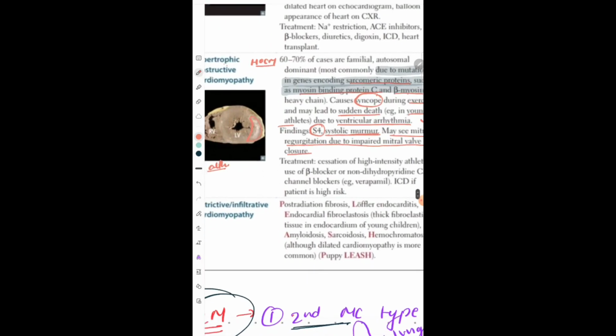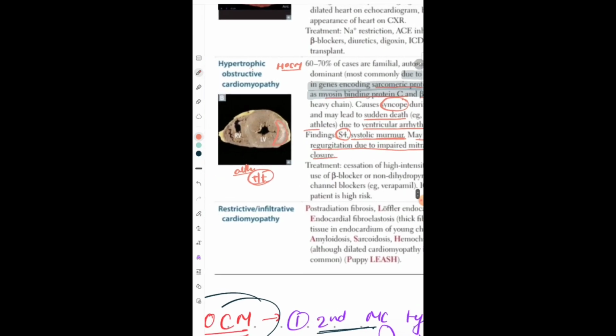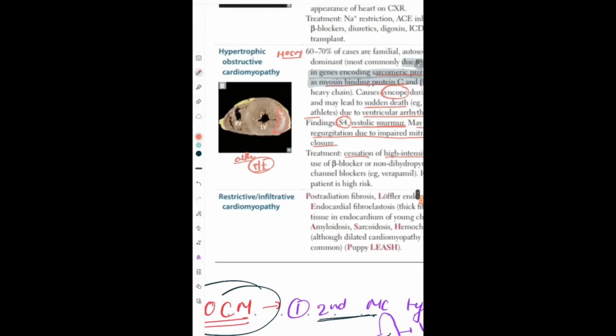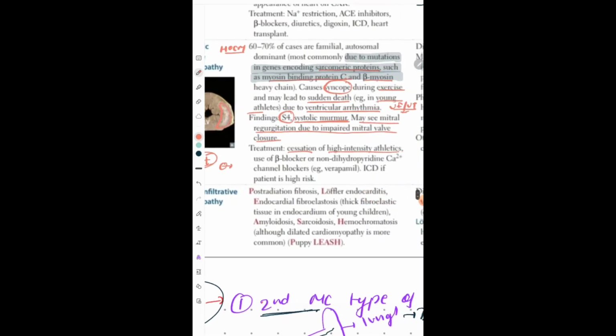Now we are talking about the treatment. If the patient is hypertensive, first of all we have to advise cessation of high intensity athletic work. Then we have to give a beta blocker because the blood is moving rapidly, and a non-dihydropyridine calcium channel blocker like verapamil.